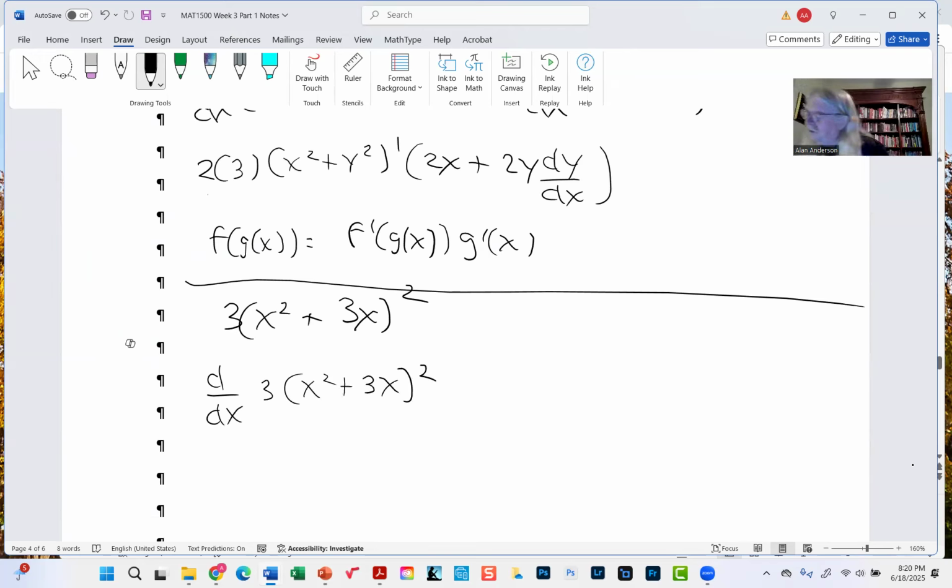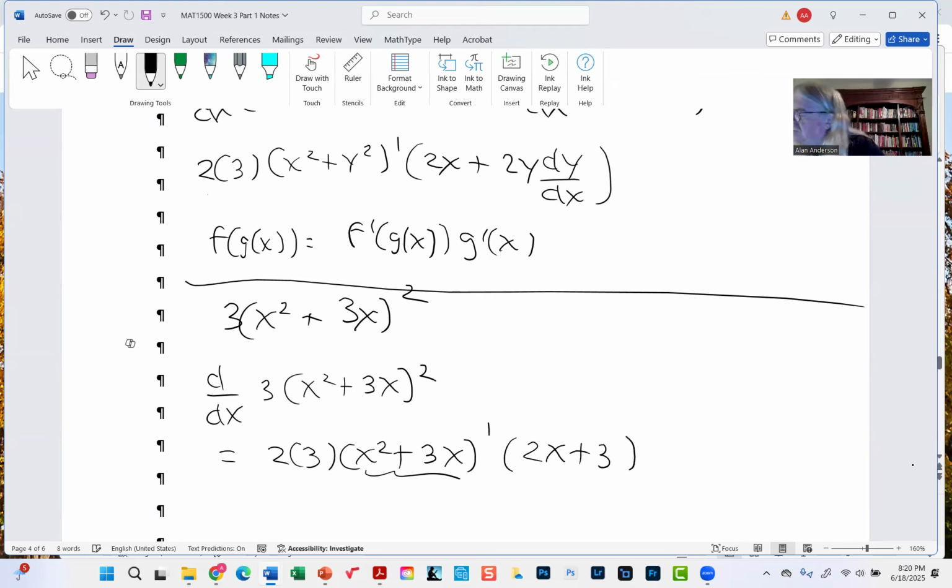So you would have had 2 times 3 times x squared plus 3x to the first power times the derivative of whatever's inside here, which is 2x plus 3. Okay, so you have 6 times x squared plus 3x times 2x plus 3.